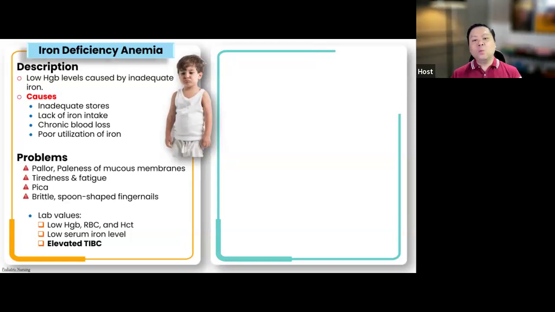So I really want you to remember the normal reference values, especially for the hemoglobin in the pediatric population. Now, I want you to recall, especially for the newborn, that the hemoglobin range for this age group can range from 14 to 24 grams per dL.